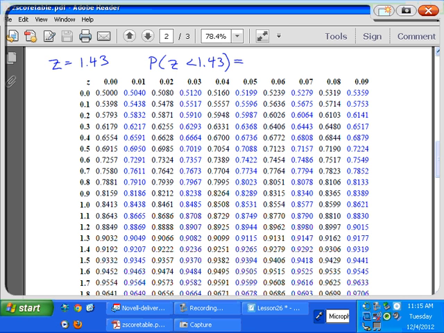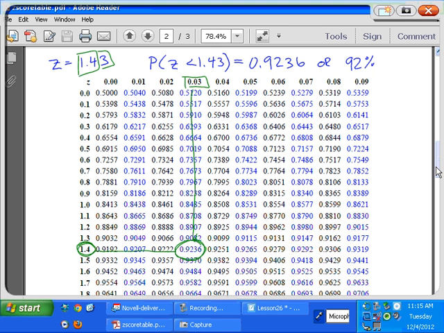First step, identify the first two parts here, so 1.4. You look down the chart to find 1.4. Identify the second decimal place, which is 0.03. So it's this one right here. Again, you look down and across, and there it is. So we find the probability of our Z-score being less than 1.43 is 0.9236, or a 92% chance.